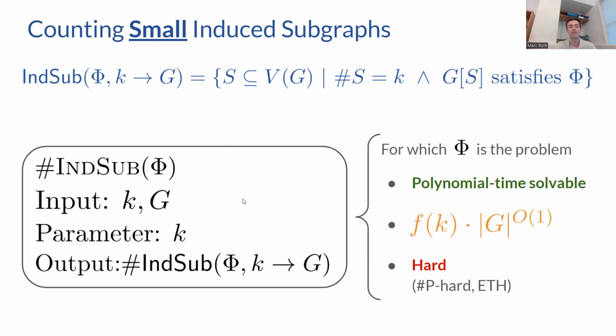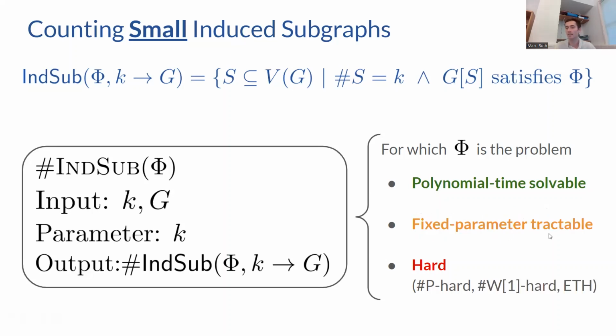That is, let me equip this problem here with a parameterization. I will just choose k as the parameter. And then the question whether an algorithm with this running time exists is equivalent by definition of asking whether the problem is fixed parameter tractable. And so now more precisely, when I say we want to find out for which properties the problem is easy and for which it is hard, we actually ask for which properties the problem is fixed parameter tractable and for which it is not.